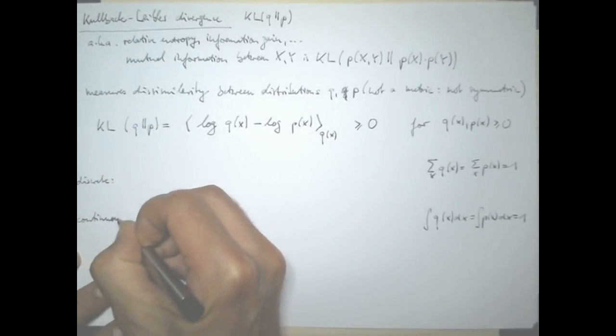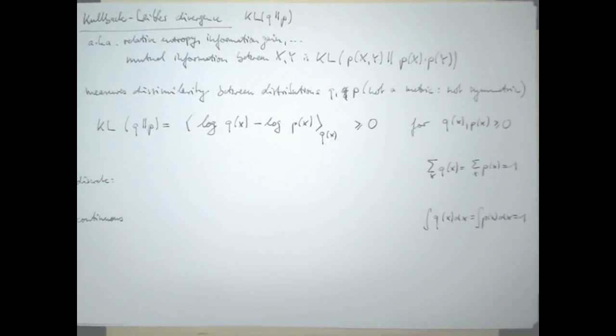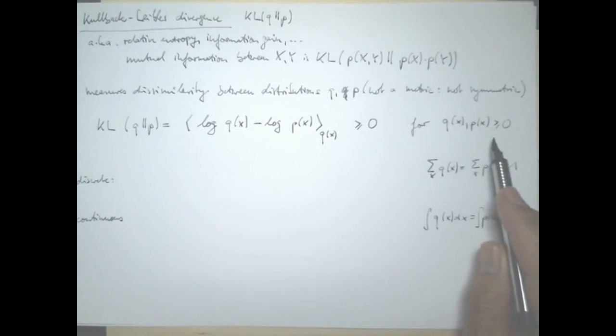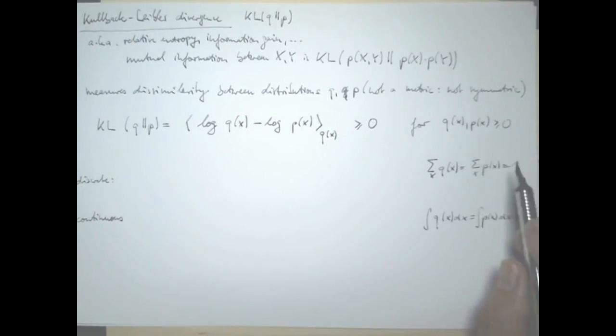When you get a 0 log 0, you interpret this as being 0. So it is also used for distributions that become exactly 0.